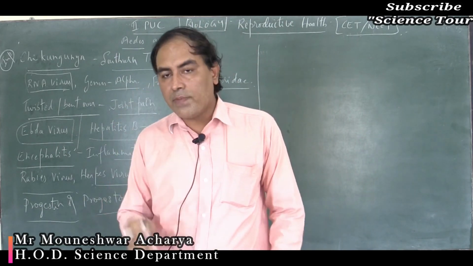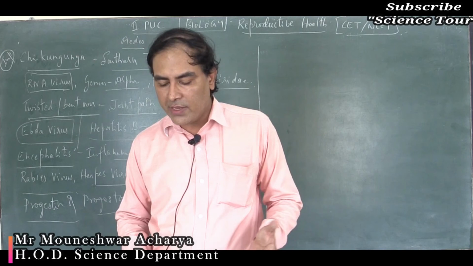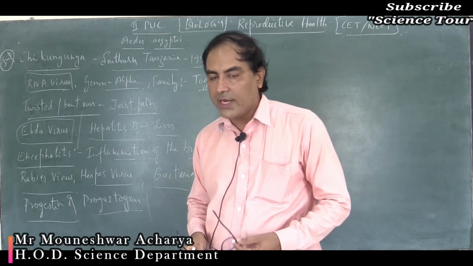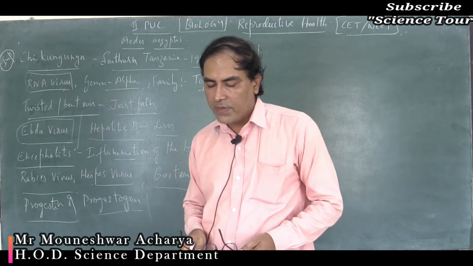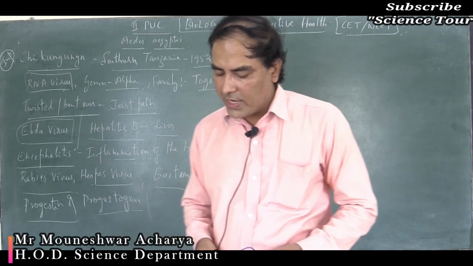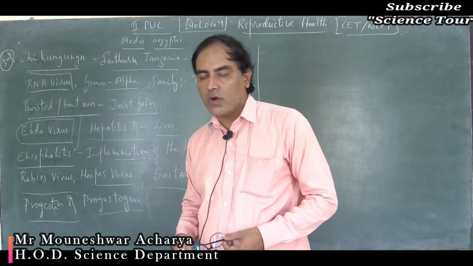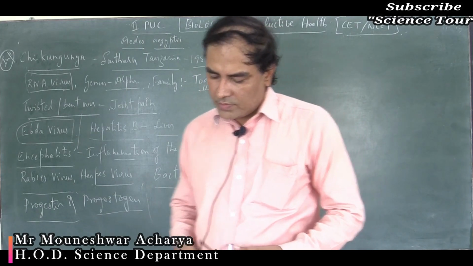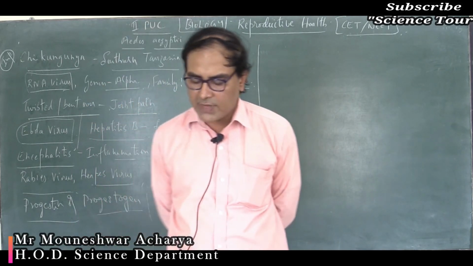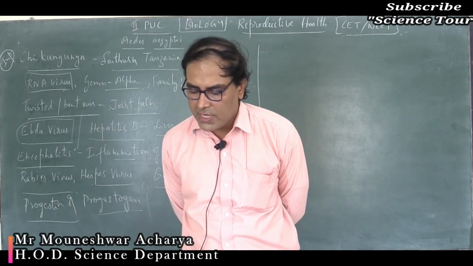So in case of a couple where the man is having very low sperm count, the sperms cannot travel to the female genital tract to get fertilized due to its very low count. So the technique which is used to get the sperm fertilized inside the female is artificial insemination.